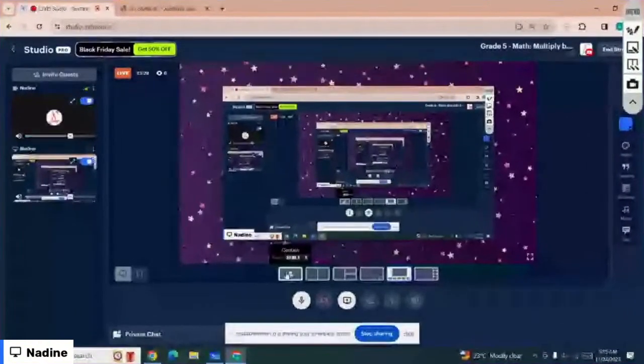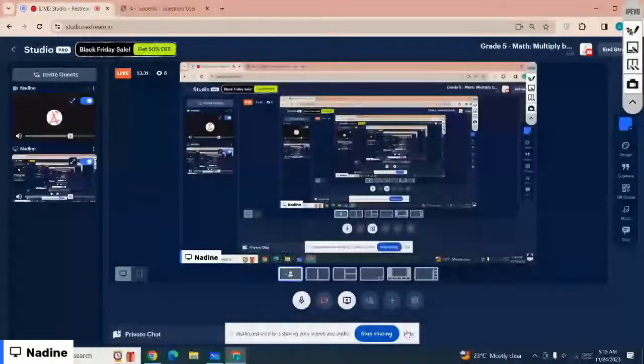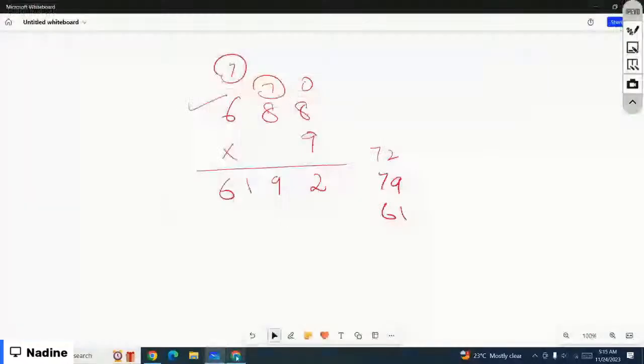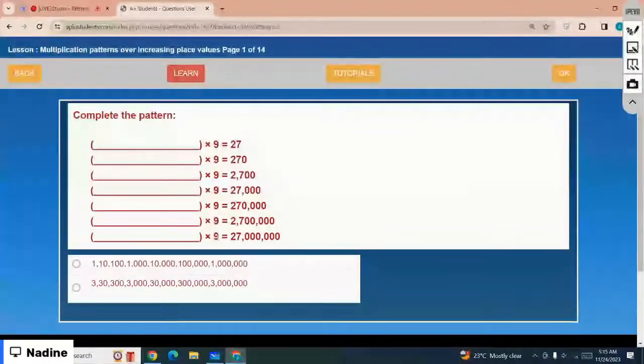Okay. So the next lesson we are working on is the increasing place values lesson. You can see here the missing number times 9 equals 27. So what number times 9 equals 27?